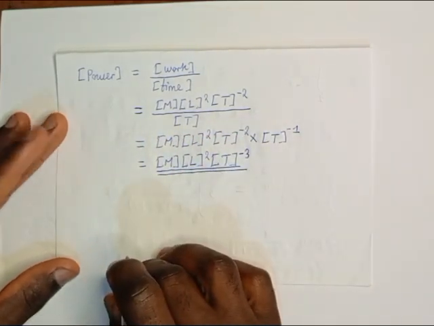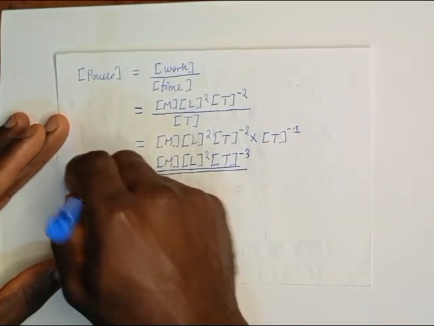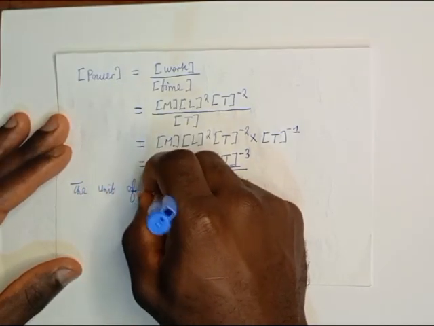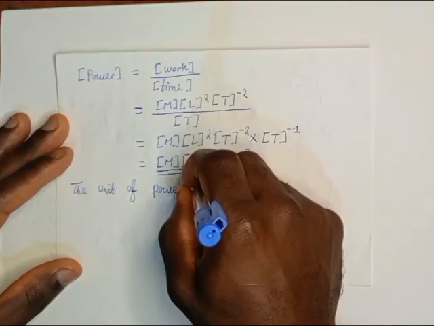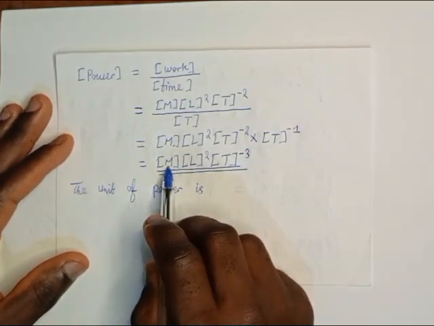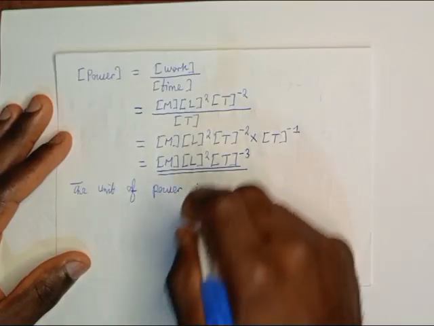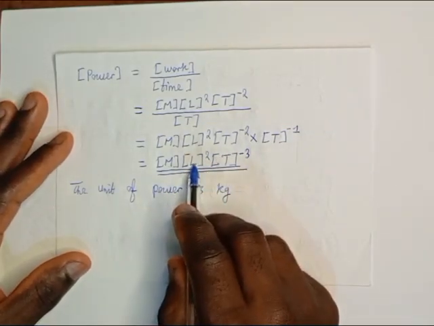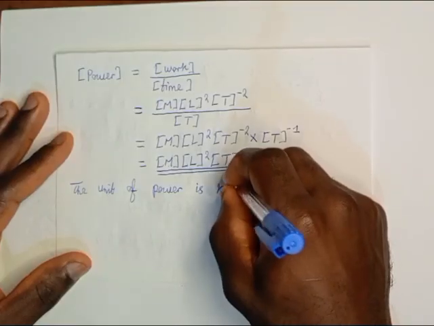Next, we have to write down the unit of power. We replace M with the unit of mass, which is kilogram. We replace L with the unit of length, which is meters squared.